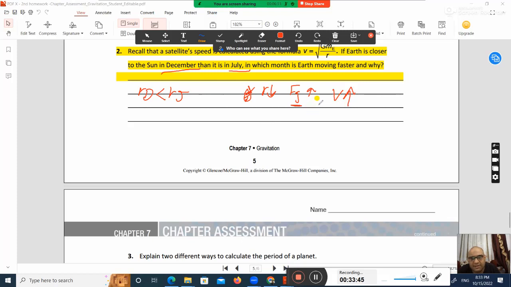So the Earth is faster in December. In which month is Earth moving faster? In December. And we can write the rule of velocity equals the square root of G M E over R, so it has an inverse relation with R.